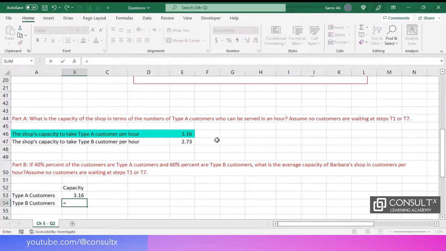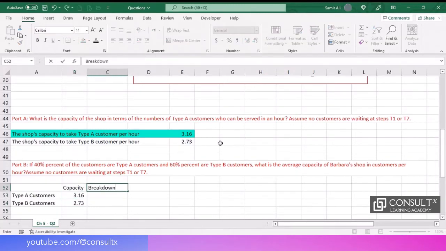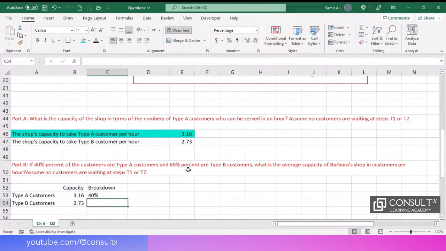And for type B, it would be 2.73, which we just found out right now. And now let's write down the breakdown. Type A customers, it says 40% are type A, so that would be 40%. And for type B, it's 60%, so that would be 60% for type B.